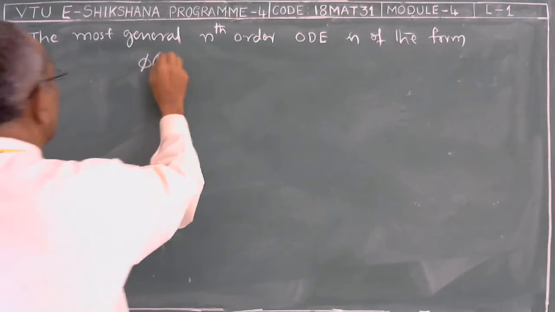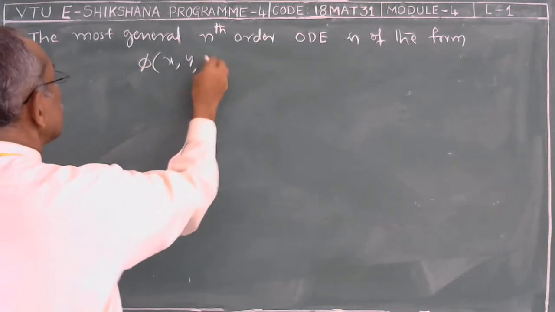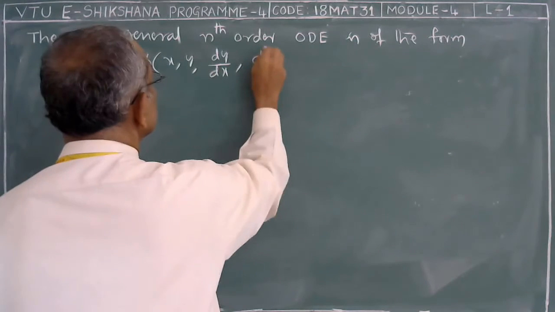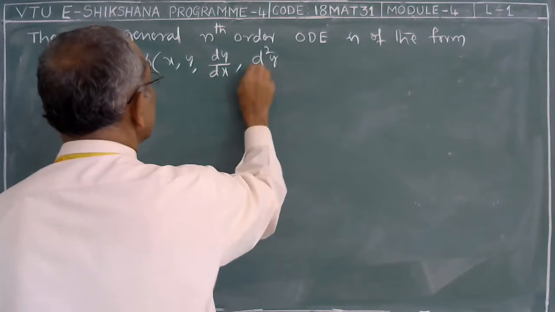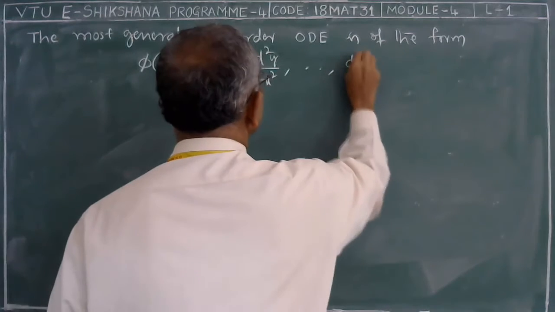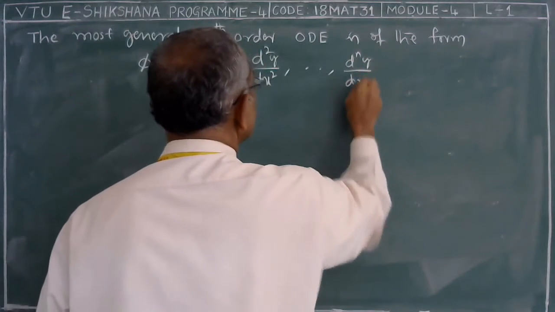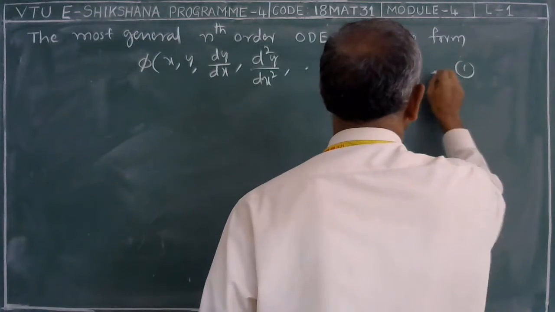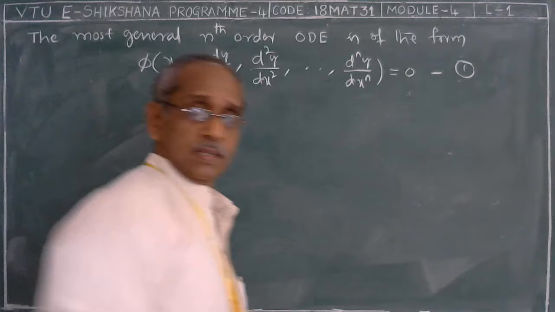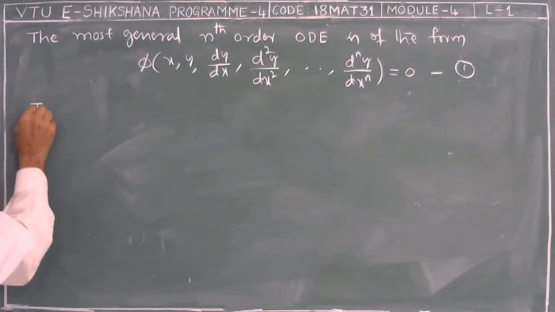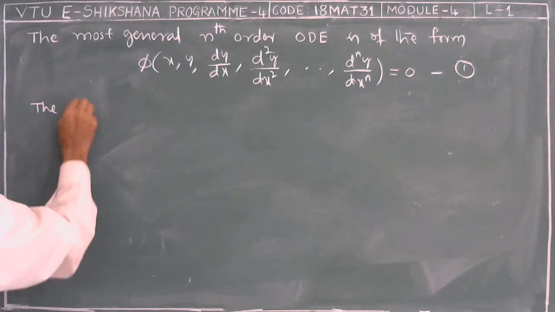phi of x, y, dy by dx, d square y by dx square, etc., dn y by dx n equal to 0. Call this 1.